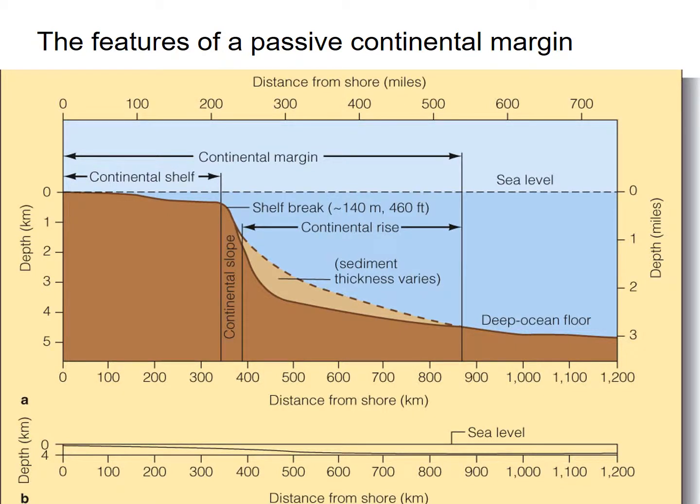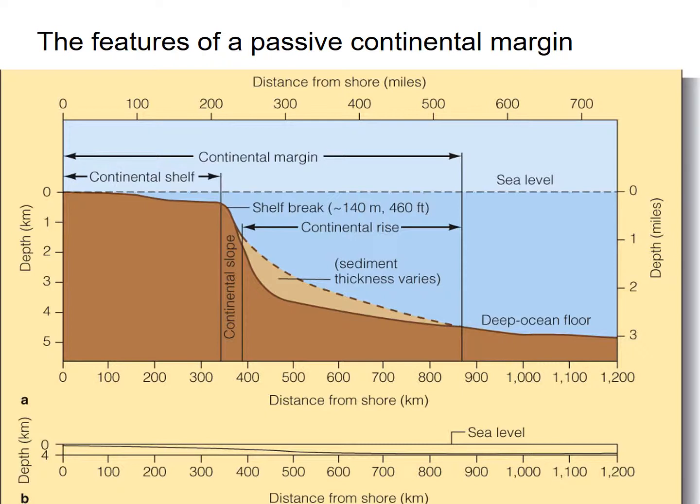So let's look at some of the features of these continental margins. In this example, you see a passive continental margin. We're going to be looking at each of these in more detail. The continental margin is made up of a continental shelf, a shelf break, continental slope, and continental rise.